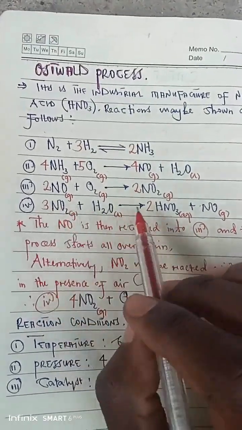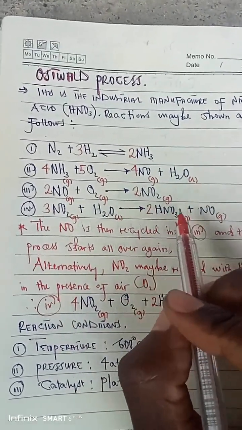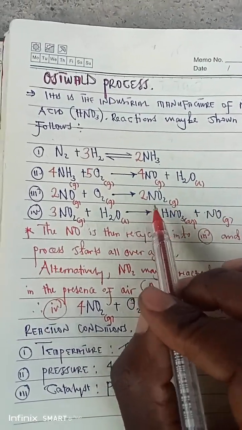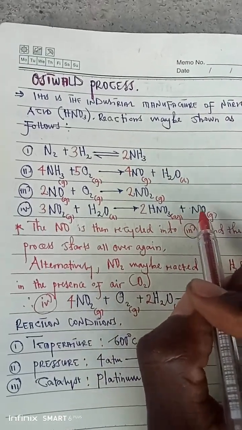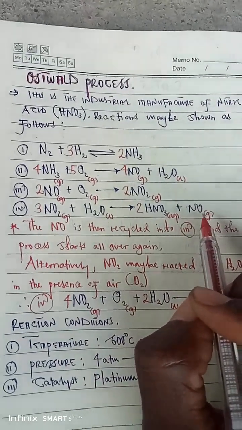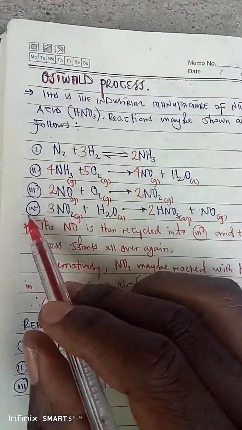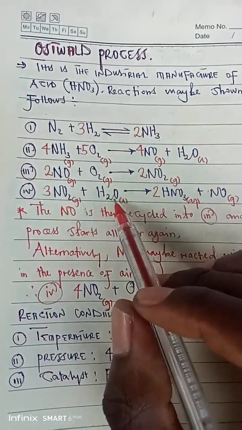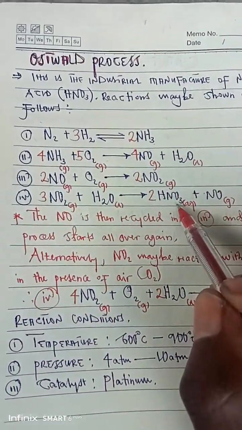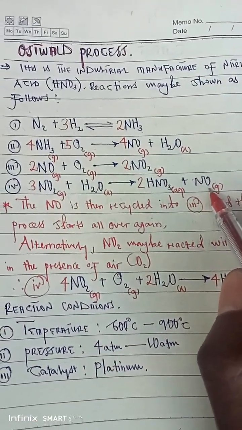So in this reaction, nitric acid is not the only product. There is another byproduct, nitrogen monoxide. So in the fourth reaction, nitrogen dioxide is hydrated to form nitric acid and nitrogen monoxide.